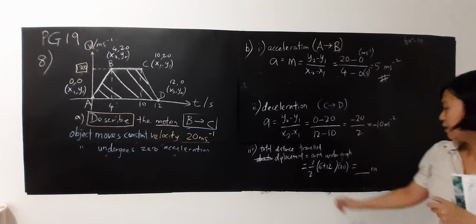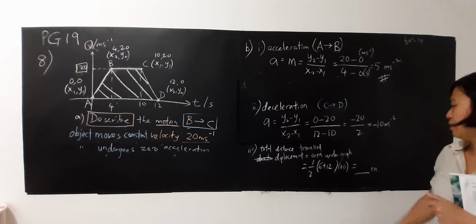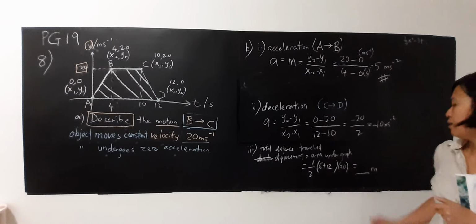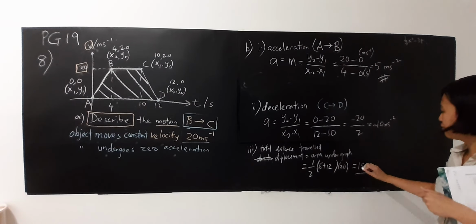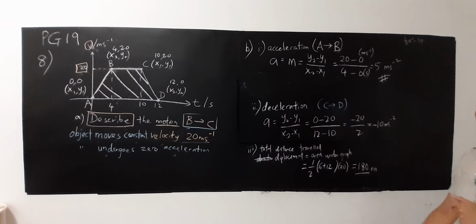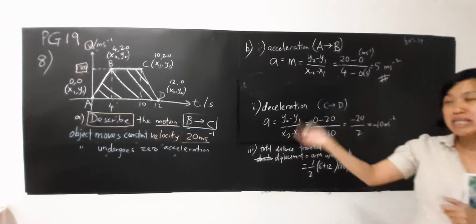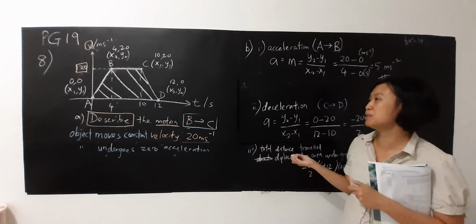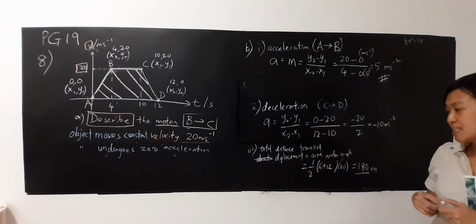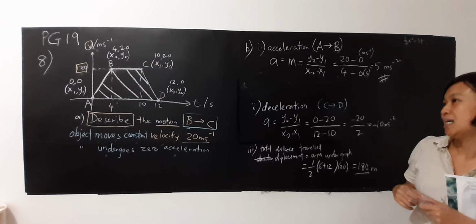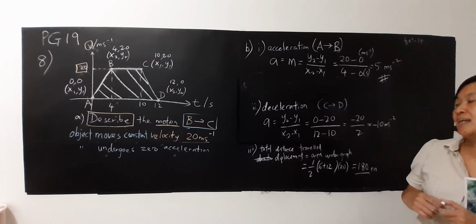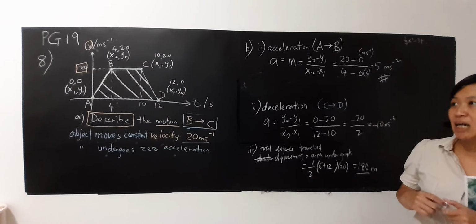Okay. So I think you get 180. Jadi ini displacement kan. Dalam soalan ini, adakah nilai displacement sama dengan distance? You found that sama lah.